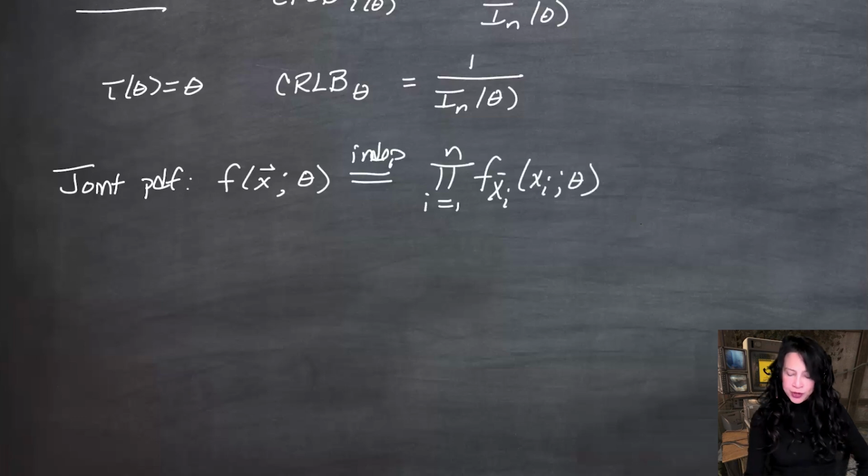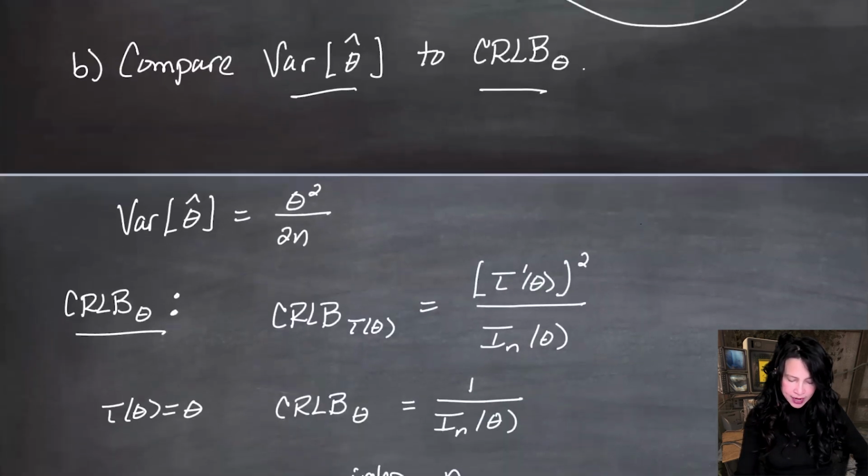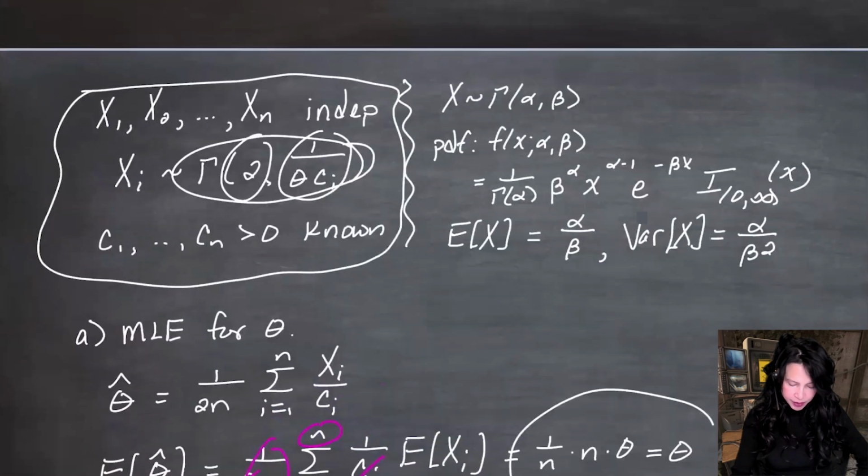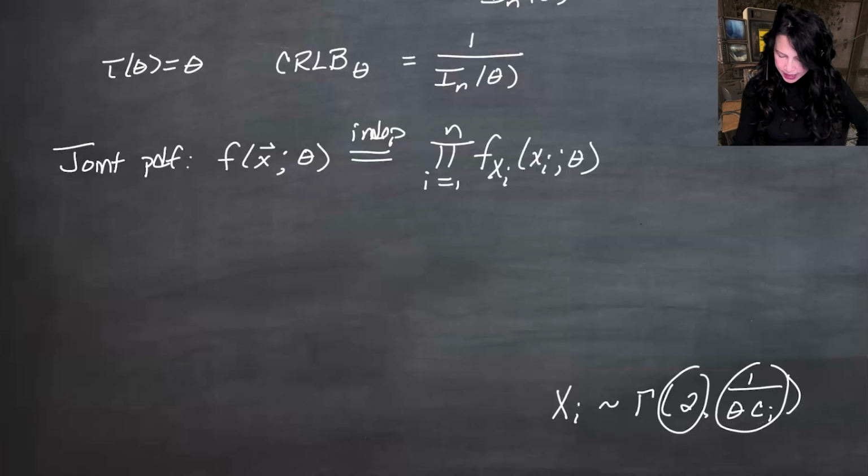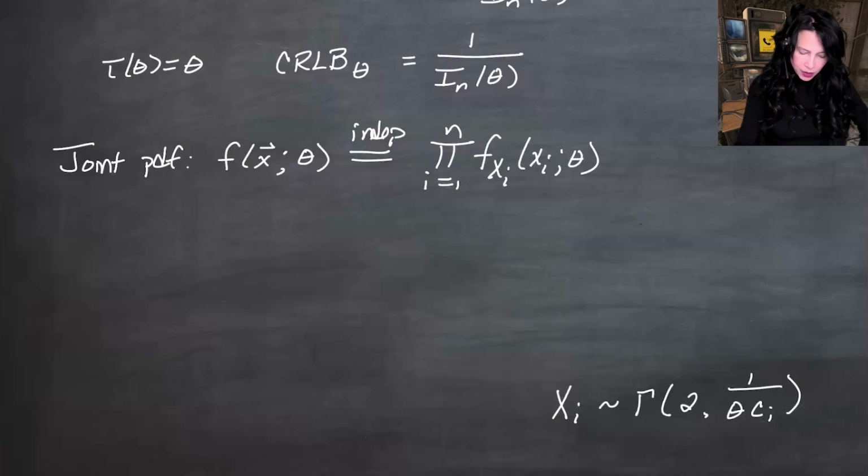Usually I don't have the subscript here because there's only one f function and it works for all of the x's, but each one of these f functions is a little bit different. Let me just bring down the distribution so I can remember what it is before I try writing this out. Okay, so let's write out the PDF here.